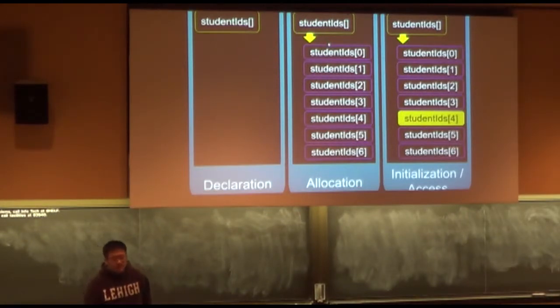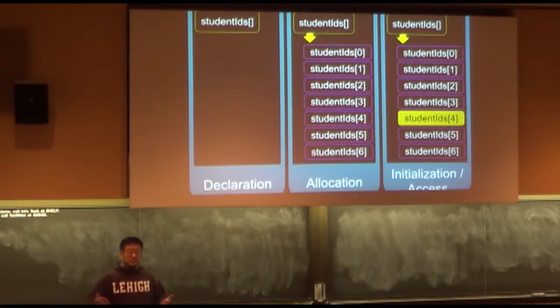After allocation, I have individual integers or strings or whatever this is for every member of up to the size of the array. Then finally, after I've initialized and accessed these variables, I can use these variables as if they're all independent variables. So you cannot use any member of an array before it's been initialized.